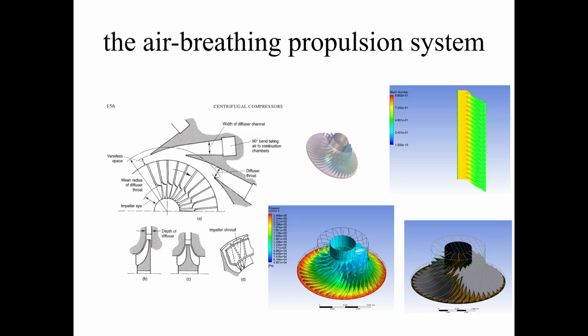The next part is the air breathing engine, where I'll discuss the centrifugal compressor. I will take you to the Excel where I have generated a calculator where you can generate your impeller characteristics, like the thickness at the exit, the diffuser throat thickness.